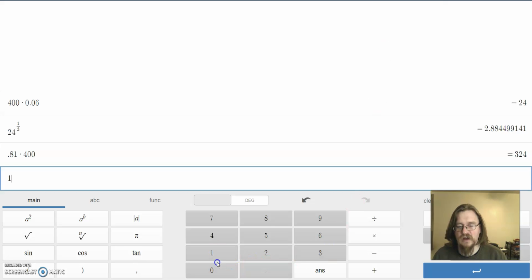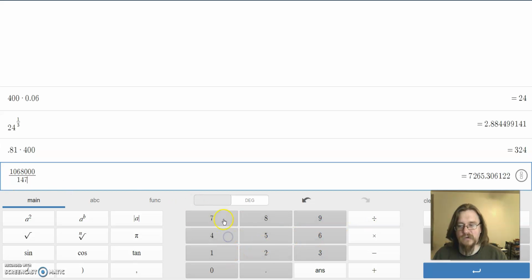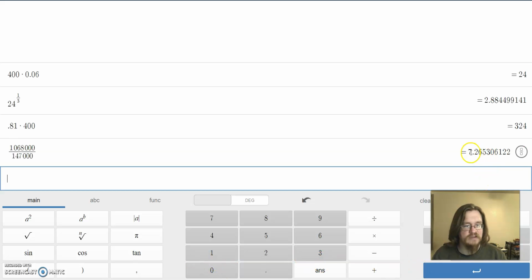We've got 1,068,000. Again, we can see that it adds little gaps in there. 1,068,000 divided by 147,000, and that's going to give us 7.265. I'll round this to the nearest hundredths place.